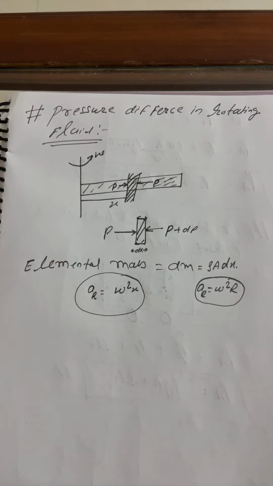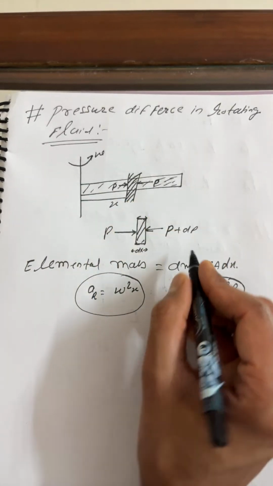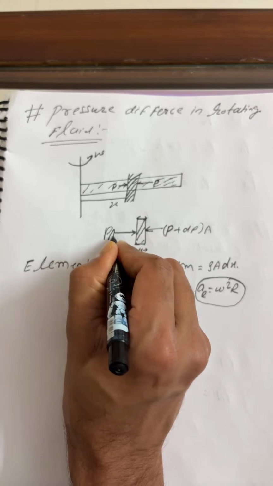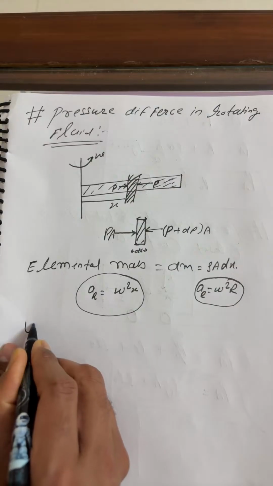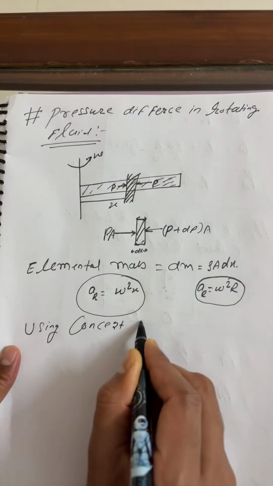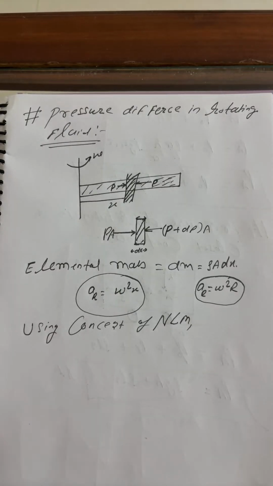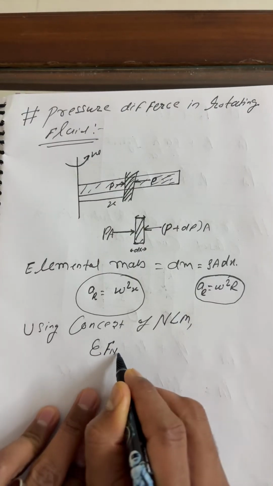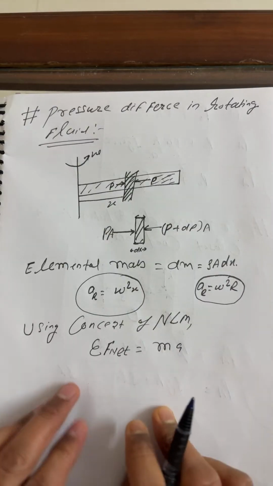Now, using the concept of NLM, because we found pressure, multiply pressure by area to get force. I said wrong, my bad. Now this is the force. Using the concept of NLM, summation of F net equals ma.